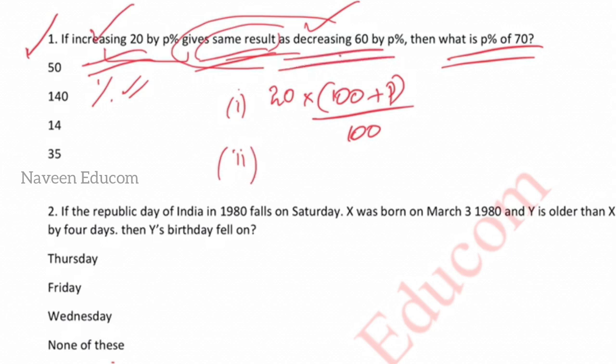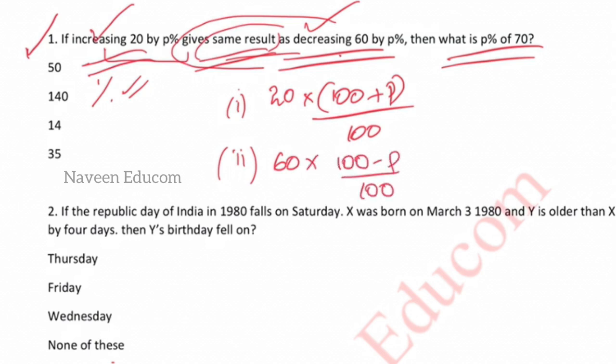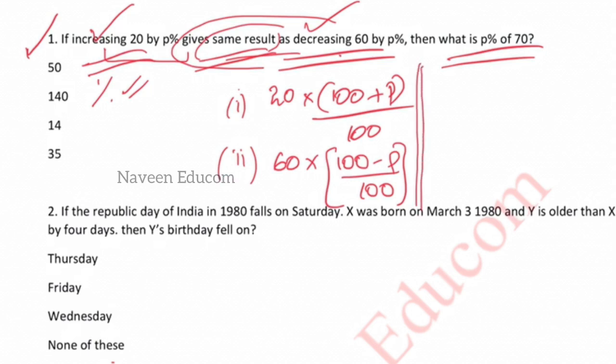That is our second step. Decreasing 60 by p percentage can be written as 60 into (100 minus p) divided by 100. Hope you got it, students, how we reached this formula. I have already explained that in our chapter, and you can visit that and study it. All the formulas for the chapter percentage are covered there.